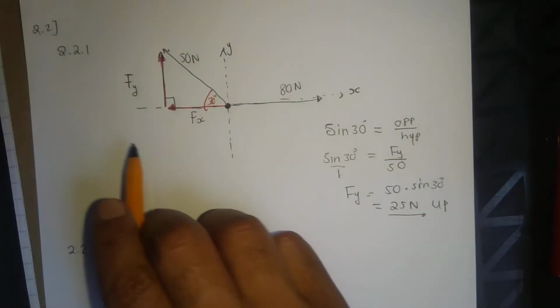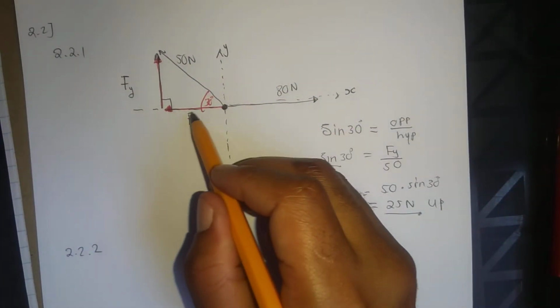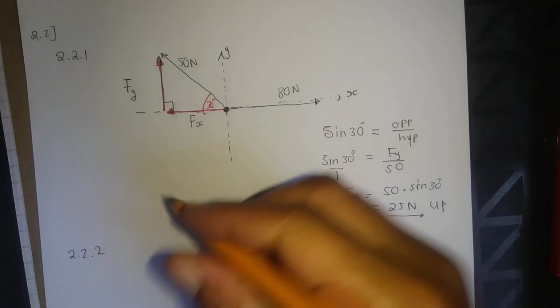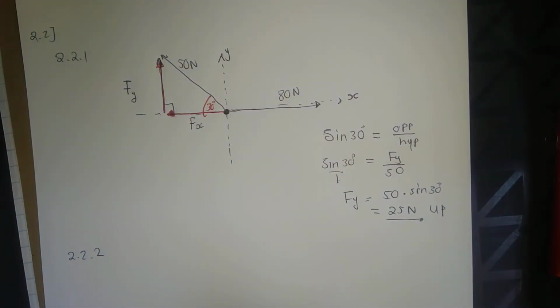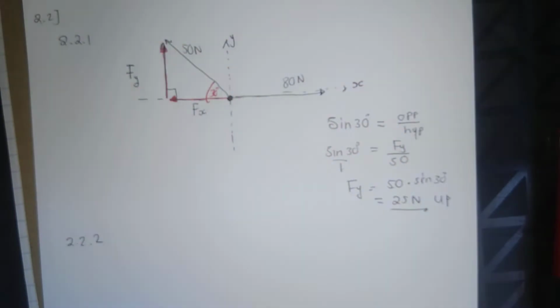On the horizontal axis, I have an 80 and the horizontal component of the 50 Newton force. And then vertically I only have one force, which is Fy from the 50 Newton.